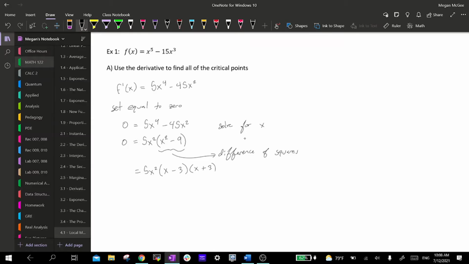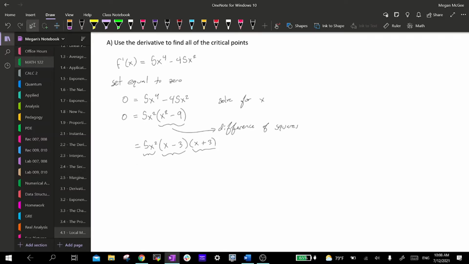So now we have 3 separate terms, right? This is one term, second term, third term. And we want to set each one of these equal to 0 because if any one of these is 0, then we're multiplying by 0. And if we multiply anything by 0, we get 0, so this whole statement would be true. So any one of these can be 0, and our statement would be true.